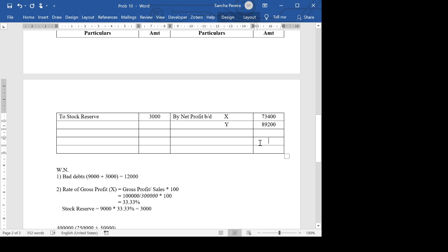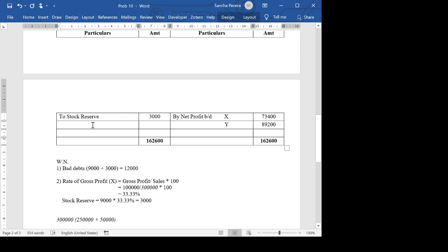The total here is 1,62,600. The overall net profit is 1,59,600.